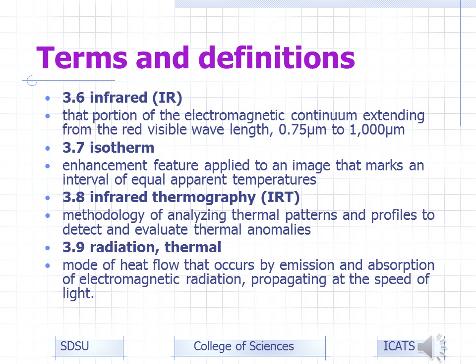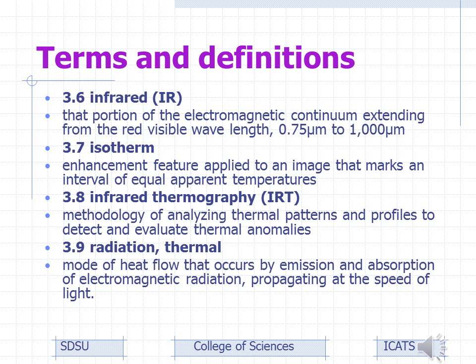Next term is infrared itself. It is that portion of the electromagnetic continuum extending from the visible red wavelength, or 0.75 micrometers, to 1,000 micrometers in length. That's the infrared spectrum, and even that's broken into smaller segments: near, middle, and far infrared. We're usually looking at far infrared with a thermographer or a thermographic device.